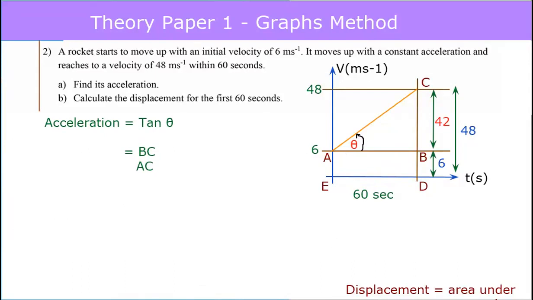Right? So what is BC? Can somebody tell me what BC is? 42, sir. Very good. BC is 42, AB is 60, right?